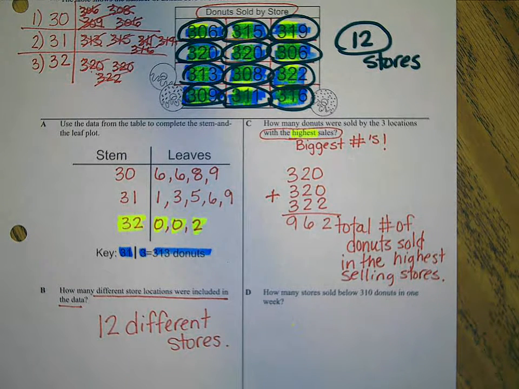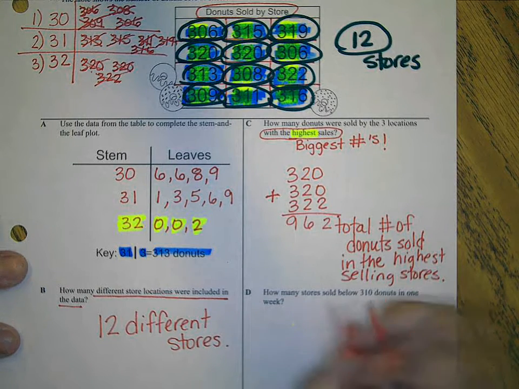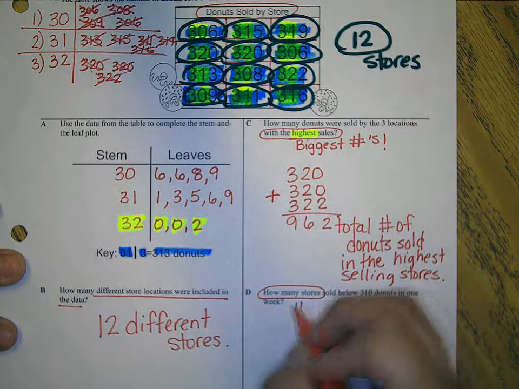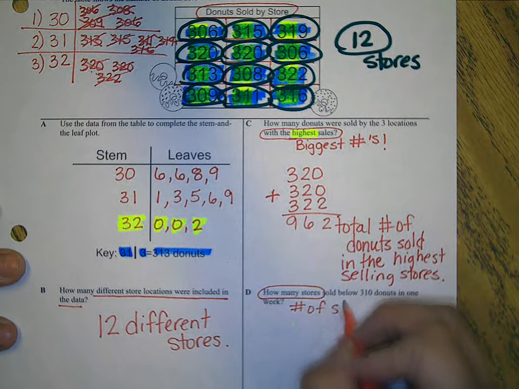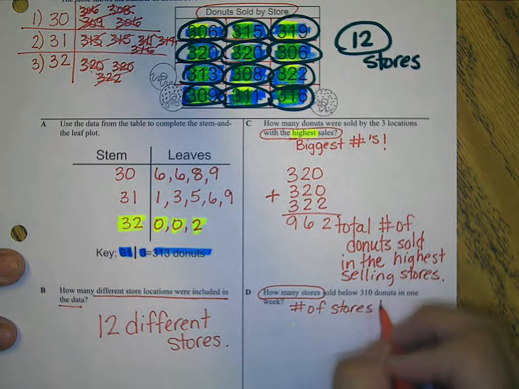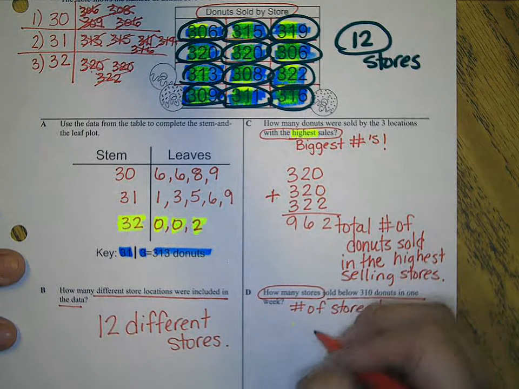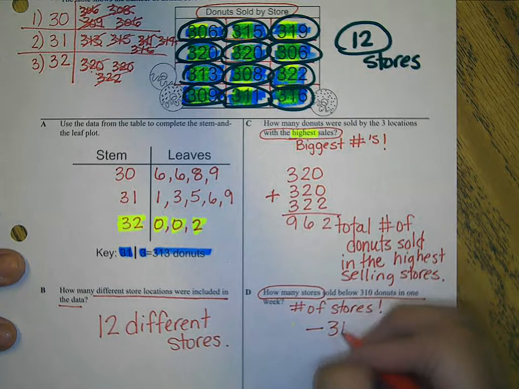Okay, look at question letter D. Says, how many stores sold below? So we want to know how many stores sold below 310 donuts. Who sold under 310 donuts.